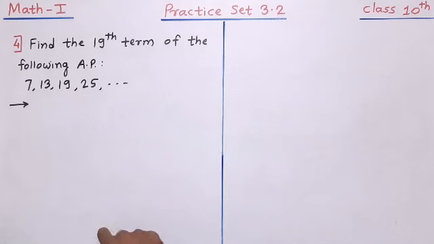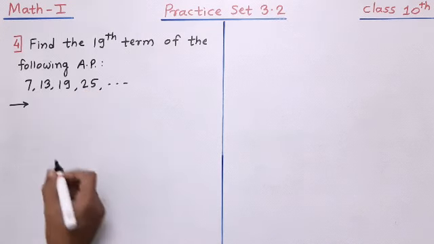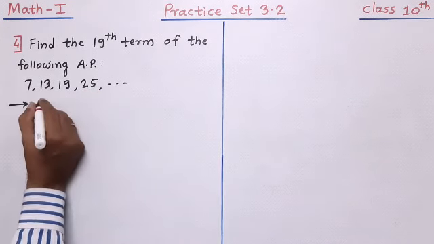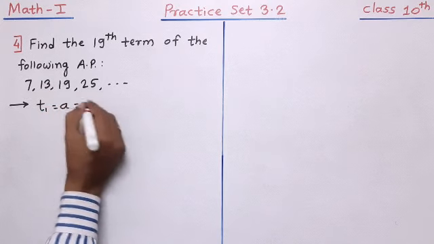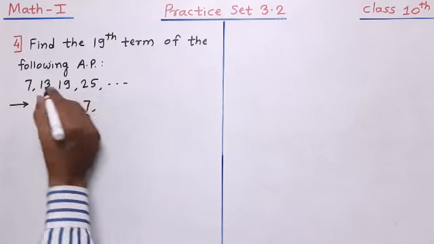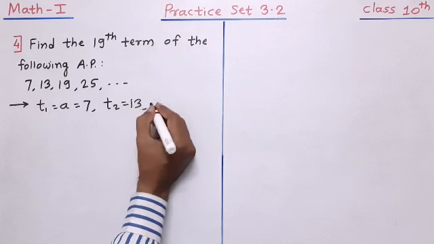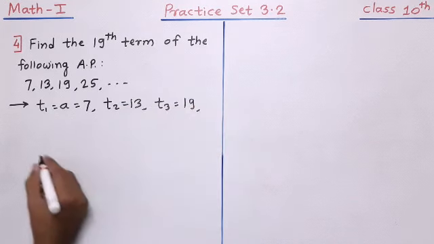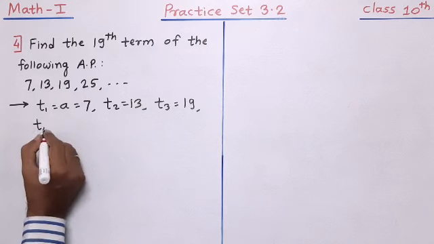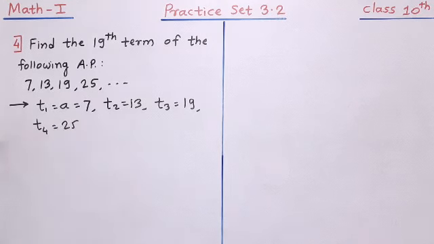First of all, we have to write all the terms given here. Means in an AP, the first term is denoted by T1 or A also, and it is 7 here. The next term T2 is equal to 13. T3 is equal to 19, means third term, and the fourth term denoted by T4 is given here as 25.